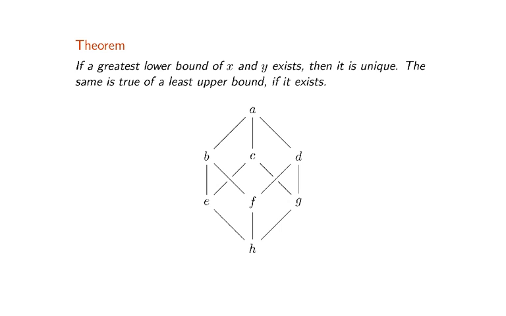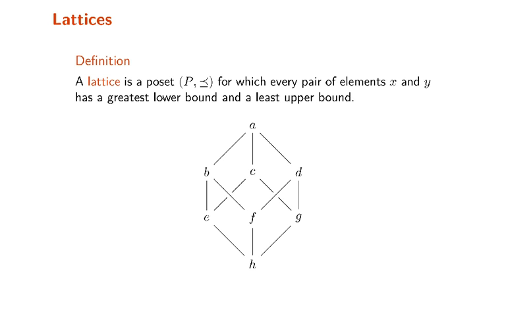Okay, the posets in which the greatest lower bound and least upper bound actually exist are very important kinds of posets and have a particular name. These are going to be called lattices.